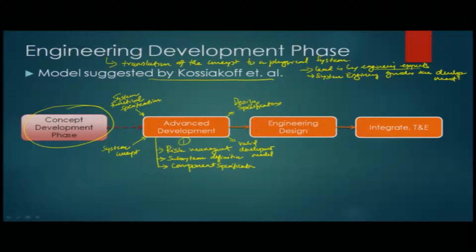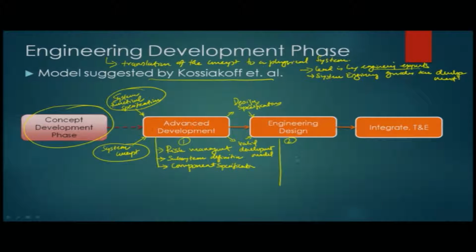So, the advanced development phase, which is the first phase of the engineering development phase, takes the input from the system concept and the system functional specifications, and does risk management, subsystem definition, component specification, etc., to come up with a detailed design specification as well as a valid development model for the proposed system or the chosen system concept, which becomes input to the second phase of the engineering design, which involves multiple steps.